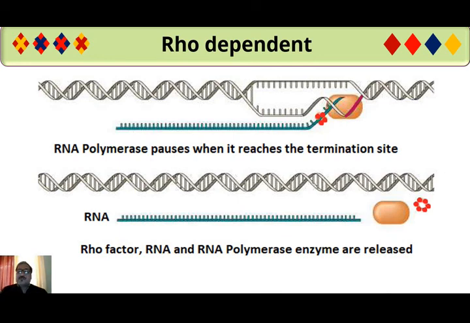So when the translation process is going on, the rho factor doesn't bind with the RNA. Only once the translation process ends and the transcription process is still going on in the prokaryote, then the rho factor will bind with the mRNA.